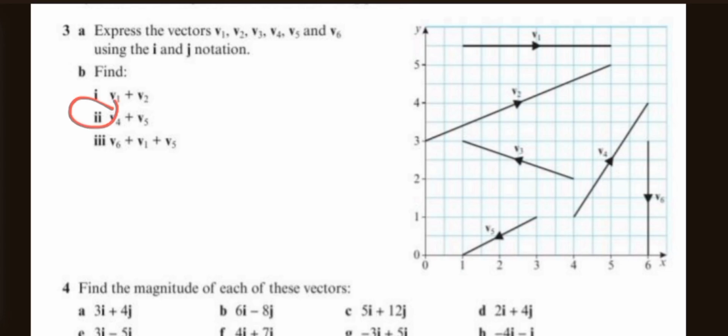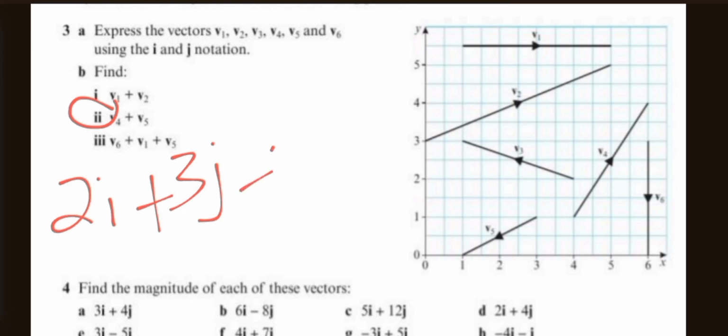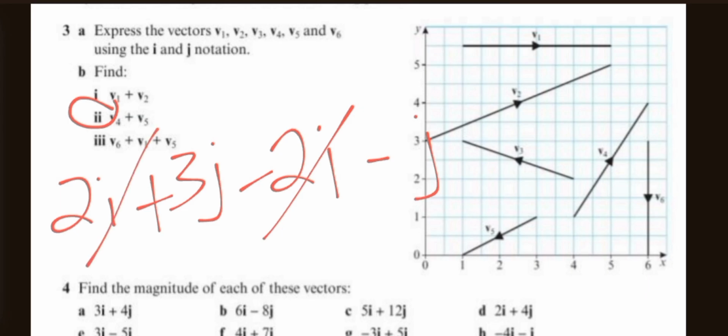Now v4 plus v5, 2i plus 3j minus 2i minus j. This one gets cancelled out, that is 2j.